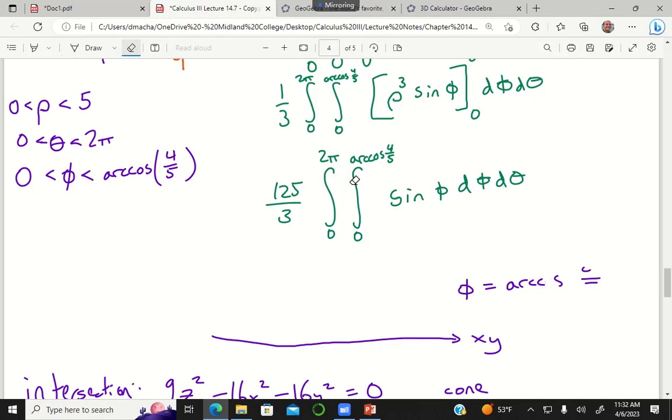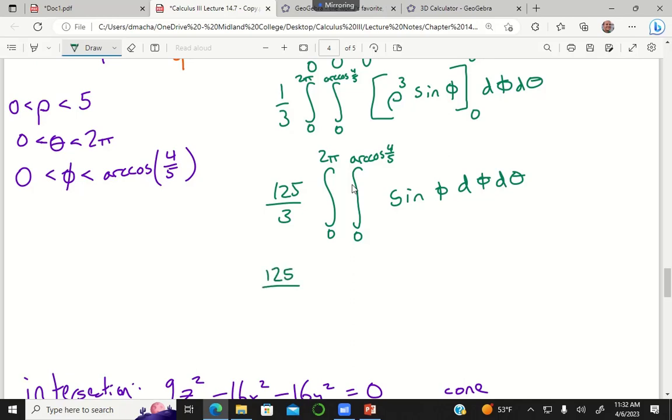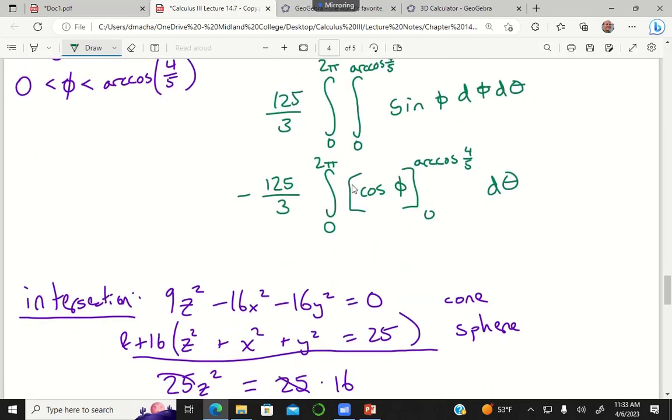Now, the antiderivative of sine of phi with respect to phi is going to be negative cosine. Let me pull out the negative here, and then it'll just be cosine. And I'm evaluating this at arc cosine of 4/5 and 0. But actually, cosine of arc cosine of 4/5 is nice. That turns out to just be 4/5. So that's pretty good. That was pretty good in the end.